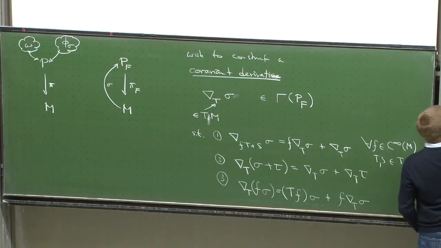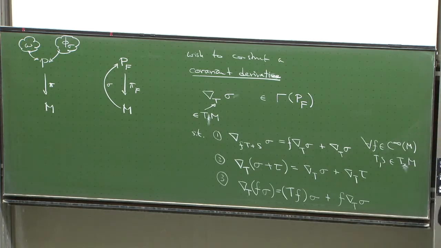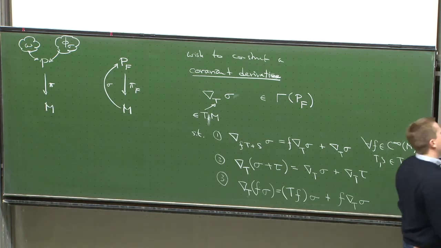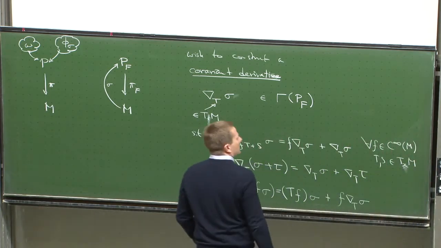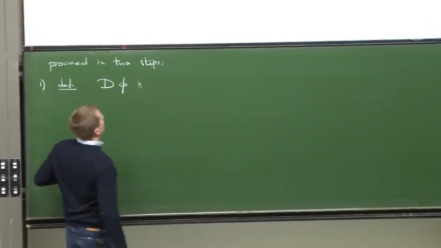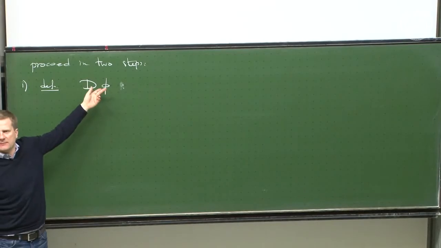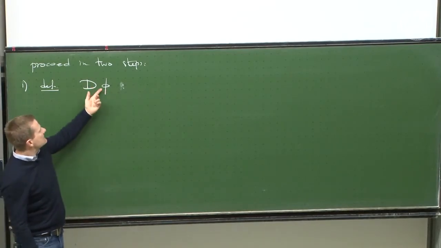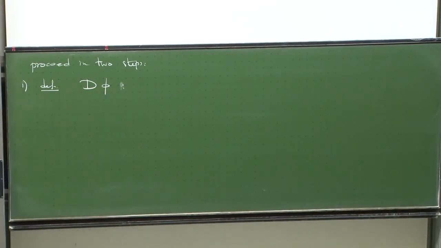The first step is that we define the covariant derivative acting on this phi. Well, that's not such a biggie, because we already defined the covariant derivative even on any k form, and it became a k plus 1 form. Well, this is a 0 form. It's this phi here. This phi is a fiber-valued 0 form on the principal bundle.